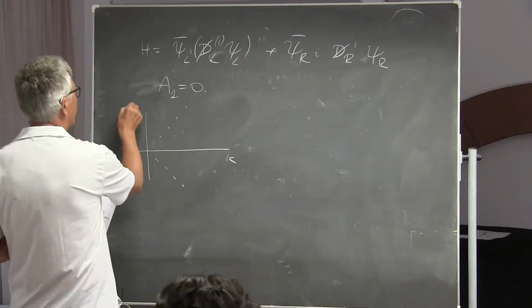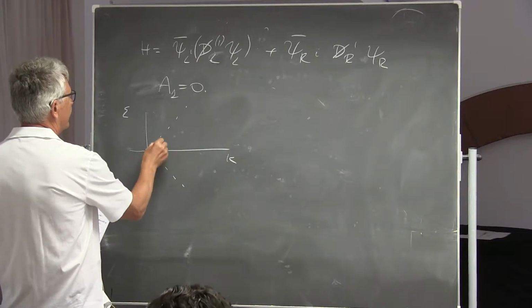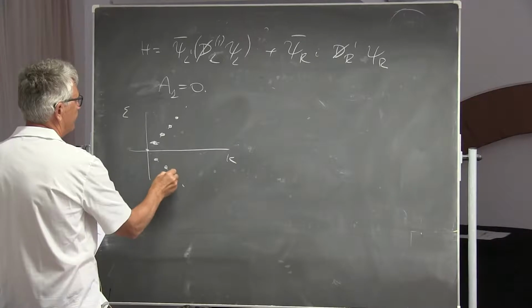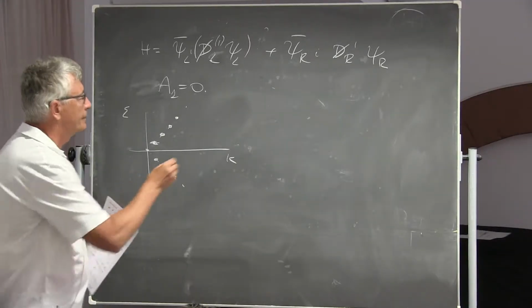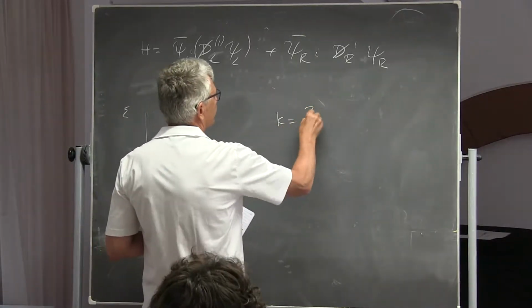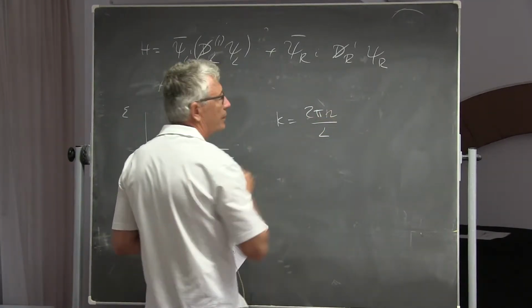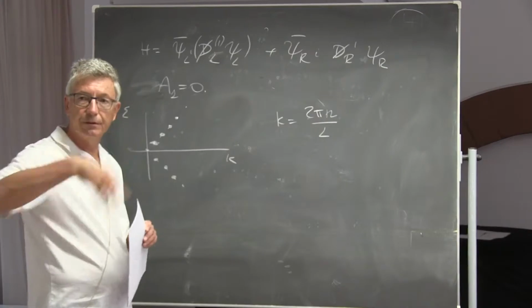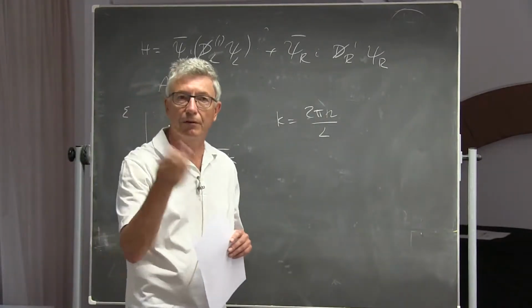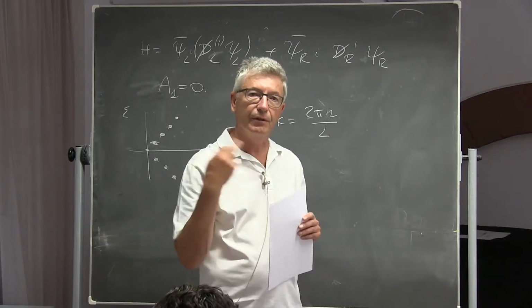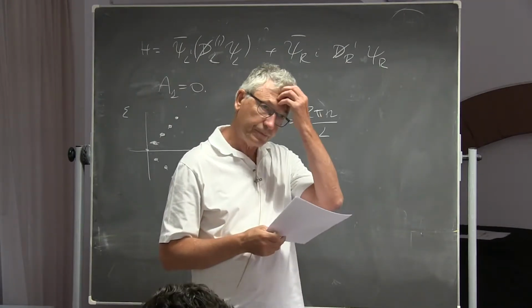This is momentum k, this is E, they will be like this. And k is simply equal to 2 pi times some integer number divided by L. We have discrete energy levels. Why so? Because we have compact space. Okay. So our system is living on a circle.